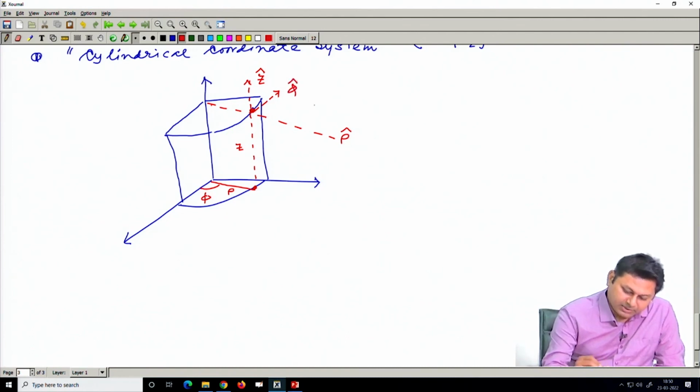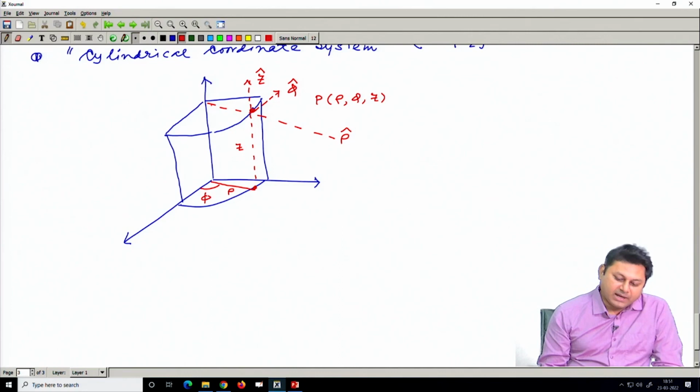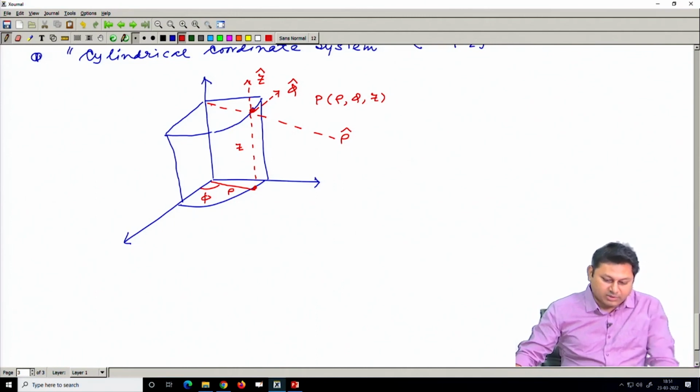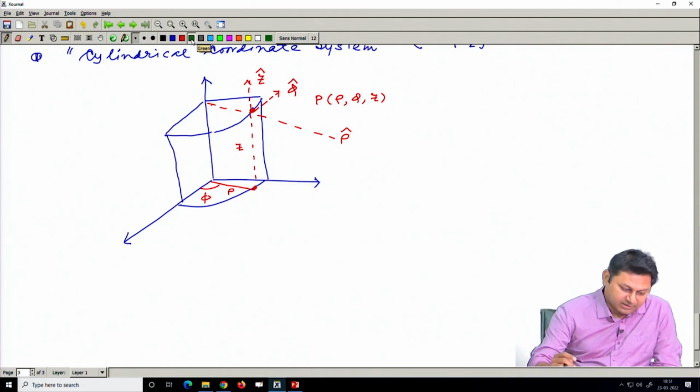The point P should be defined with these three coordinates, that is rho from here to here, and then phi the angle rho is making, and the length from here to here z. So any point in space can be defined by these three parameters rho phi z. Now quickly try to understand what the range of this is, the way we did previously.